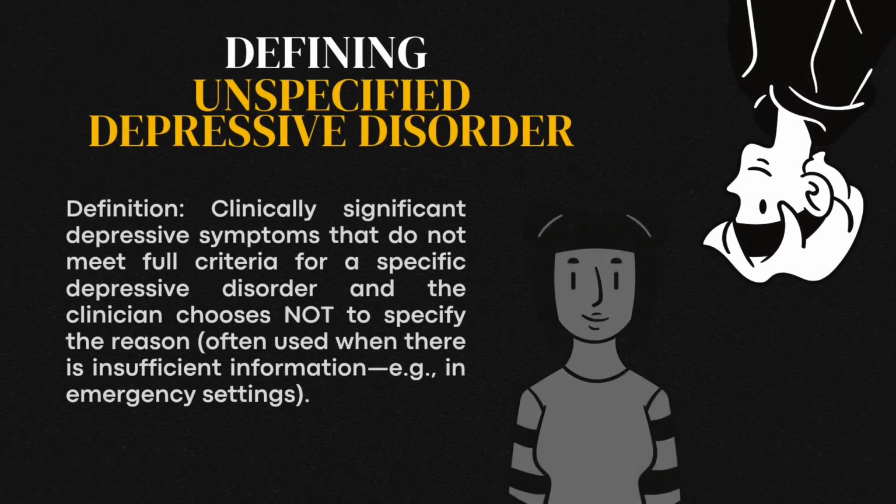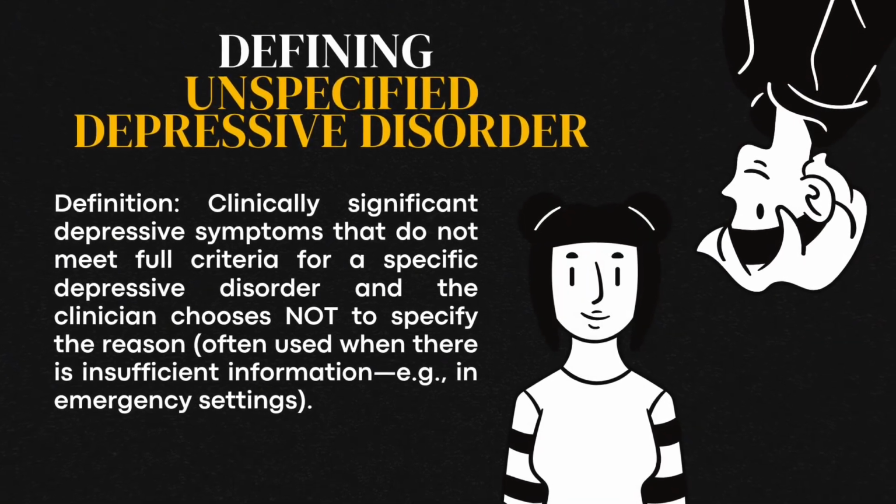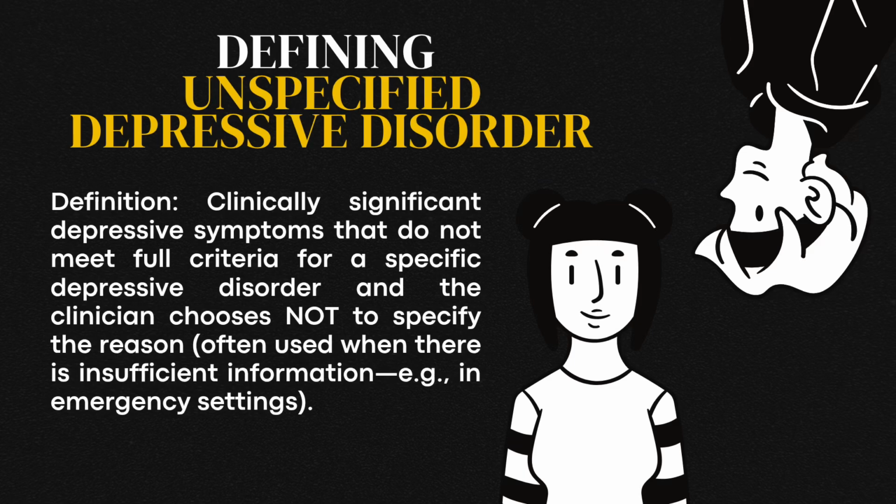Now that we know what OSDD is, let's proceed to the unspecified depressive disorder. So, what is UDD? Unspecified depressive disorder, or UDD, also applies when depressive symptoms are clinically significant, but in this case, the clinician does not specify the reason why the criteria are not met.